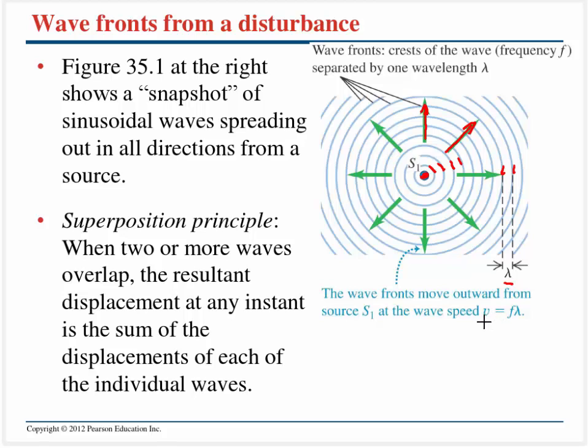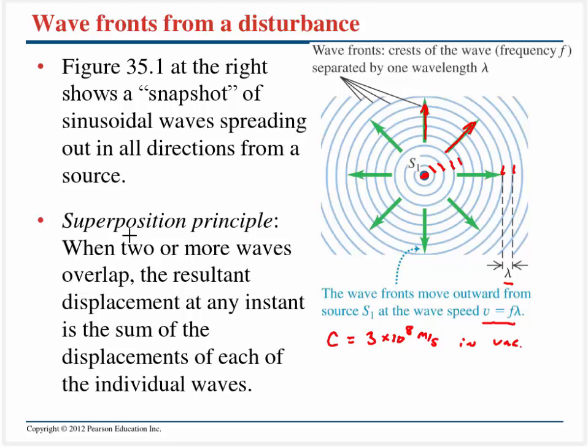Much like in chapters 15 and 16, we can say that the wave's speed is the frequency multiplied by wavelength, and here the speed is the speed of light, 3 times 10 to the 8th meters per second in a vacuum.